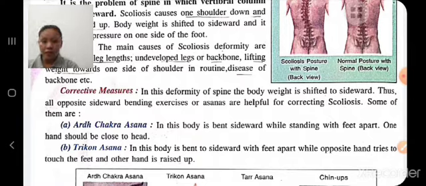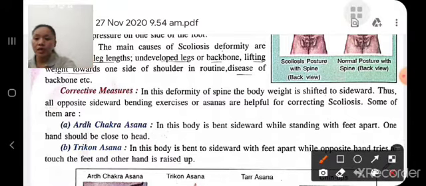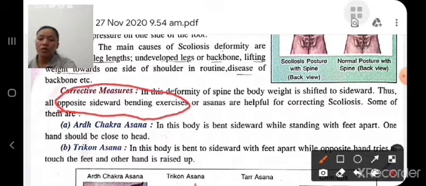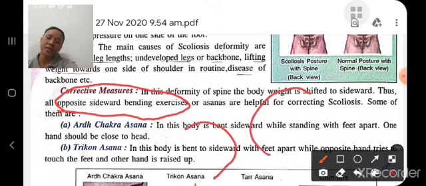Corrective measures. In this posture deformity, the spine or body is shifted sideward. Thus, opposite sideward bending exercises should be done. If your spine is bent to this side, you do the exercise on the other side.